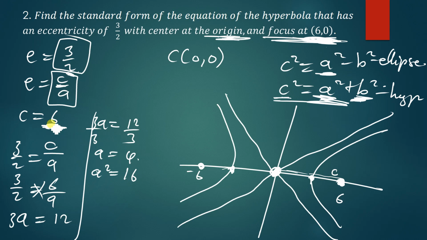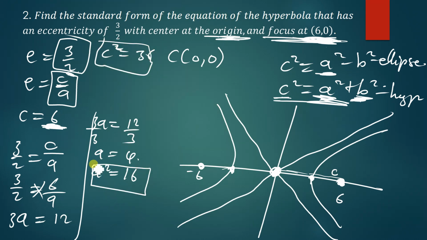We know the value of c is 6, so c squared is 36, and a squared is 16. So we can use this formula to find the value of b: c squared is equal to a squared plus b squared.